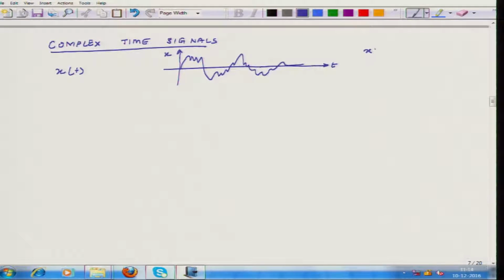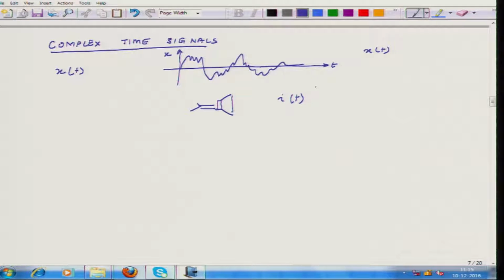Then x(t) is a real time signal because it corresponds to pressure. Another example of a real time signal would be if you have a loudspeaker and you are providing it with some voltage and there is current going in. So i(t), the current, is a real time signal.